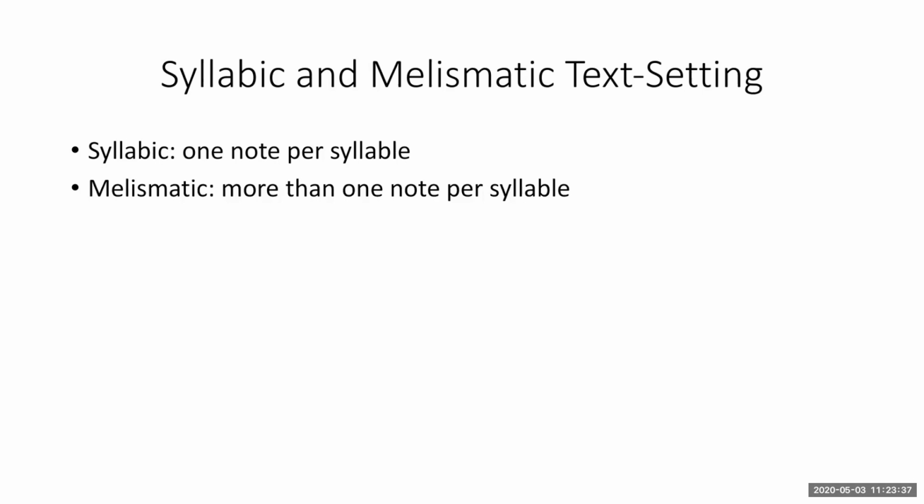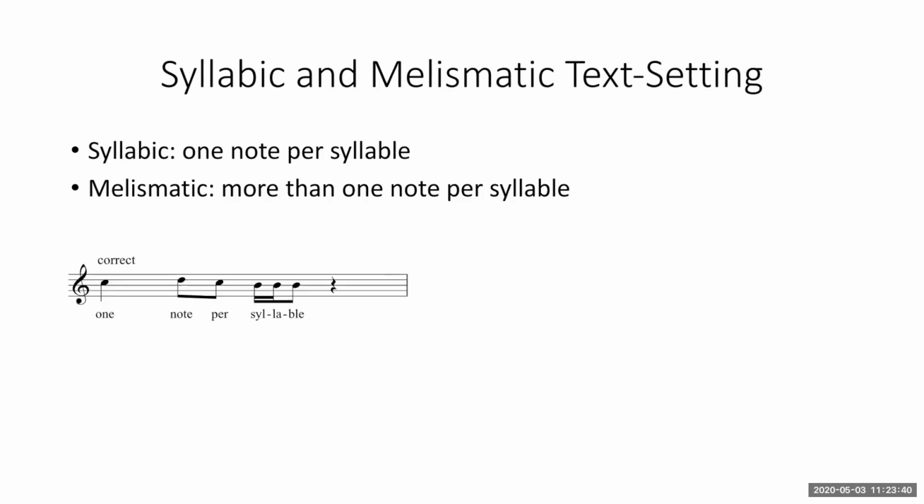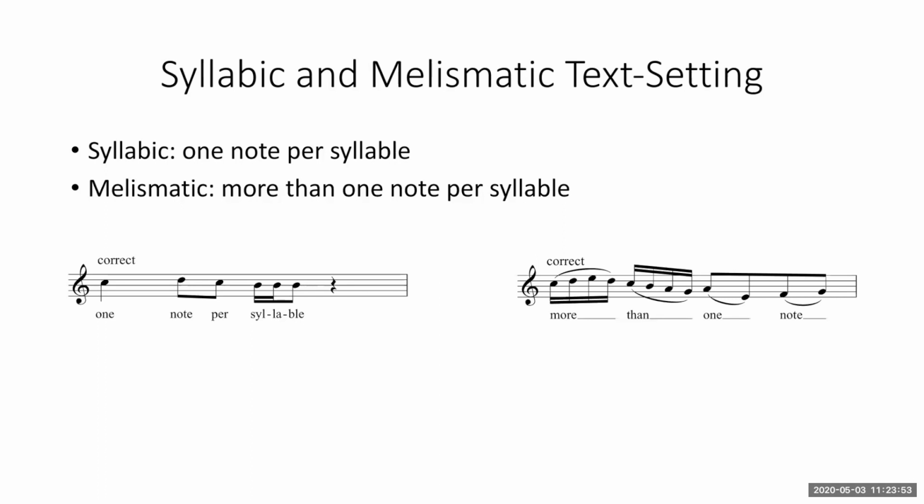In terms of how to notate this, when you have one note per syllable, you simply align each syllable under the note and you put hyphens between the syllables if there's multiple syllables in a word. If you are using a melismatic setting, or melisma, then you're going to put a slur over all notes that go to the same syllable. And you'll use an extender line, which is that horizontal line after each syllable, to show how long the syllable lasts.